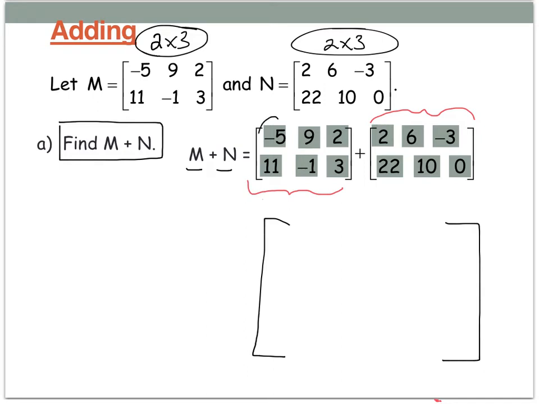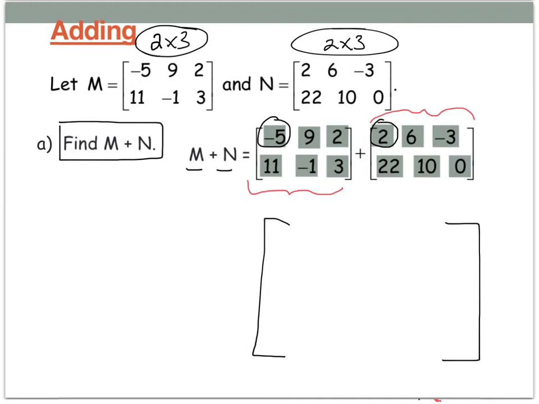But I'm going to add every specific element, so corresponding elements get put together. So this guy right here is row 1, column 1. I'm going to add him with row 1, column 1. Row 2, column 2 gets added with row 2, column 2.